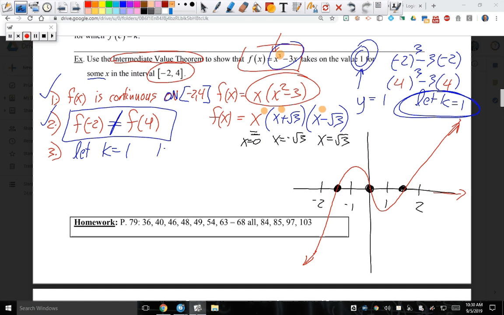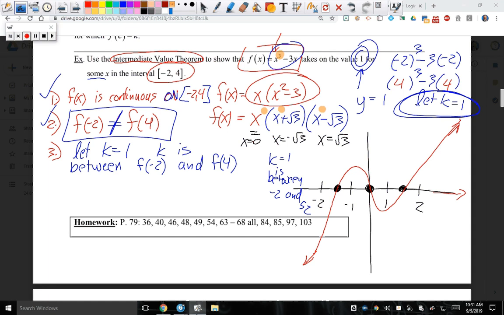And we're going to say k is between f of -2 and f of 4. Off to the side, if you want to say k equals 1 is between -2 and 52, you can if you want. But don't put it over here in the formal proof.